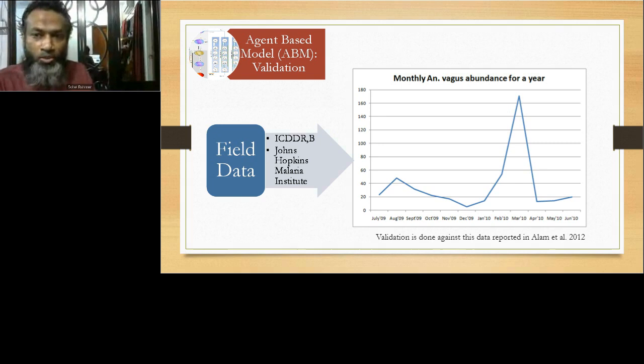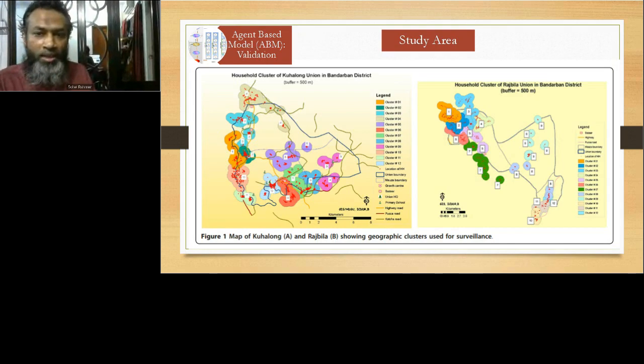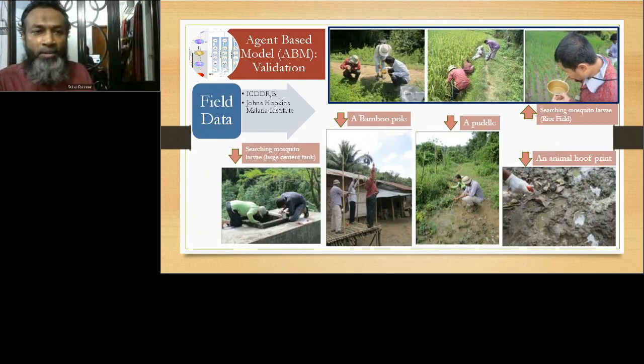So just to give you an idea about the study area, this is the study area. These are the 2 unions of Bandarban. And our colleagues went there and they did many sorts of larval collection and other scientific work.